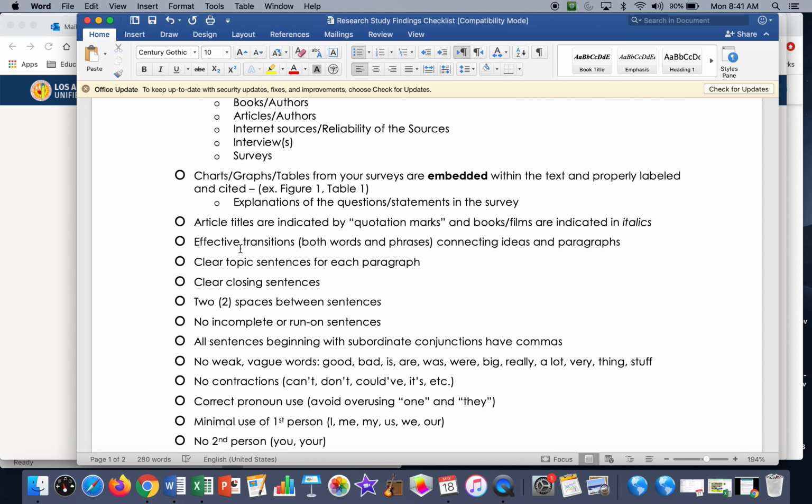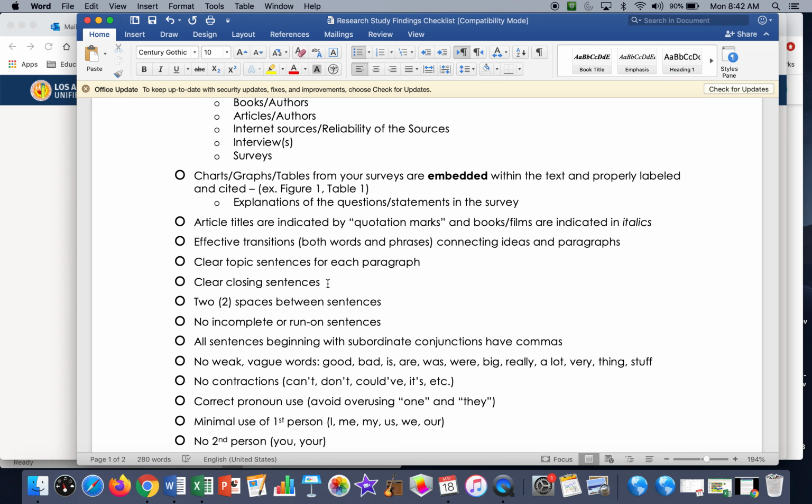Make sure you have effective transitions between your paragraphs, whether it's a word or whether it's a phrase, which is a group of words. Another source that discusses this is so-and-so. Unlike the previous source, this source does, there's ways that you can go from one source to the next source.